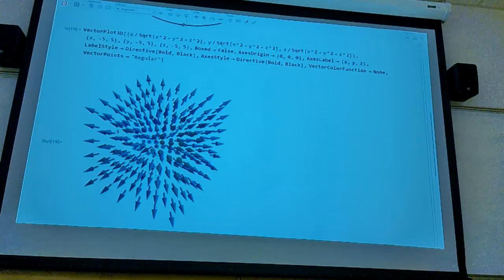And if you don't like the 3D arrows, I know we can change that as well. There it is.